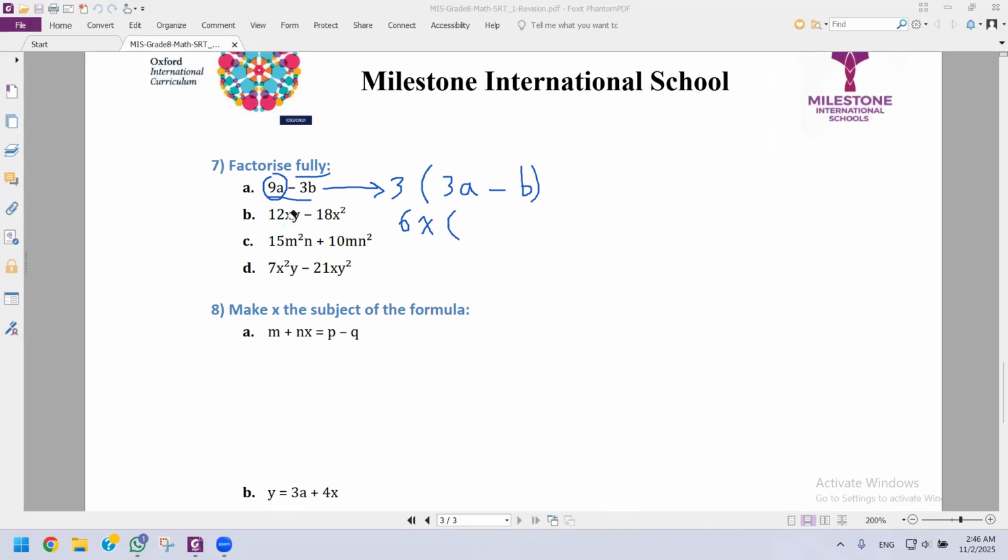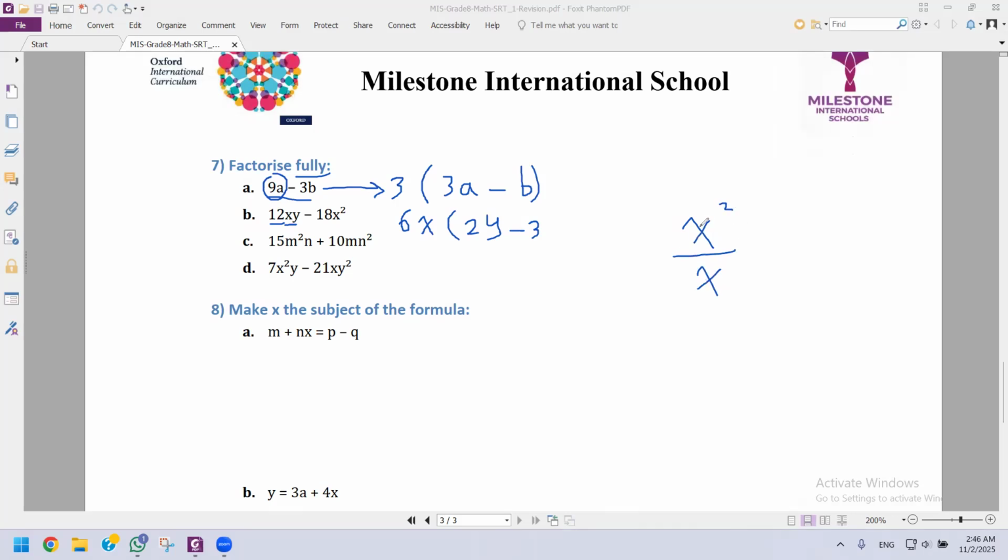Now we open bracket. We divide the numbers and then we divide the variables. 12 divided by 6, 2. Now xy divided by x. So x divided by x will cancel each other. So I have only y. Next, we put minus 18 divided by 6, 3. x squared divided by x.